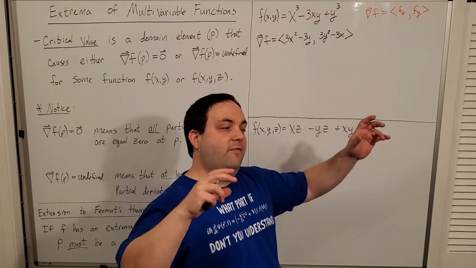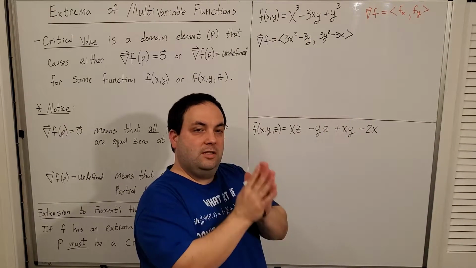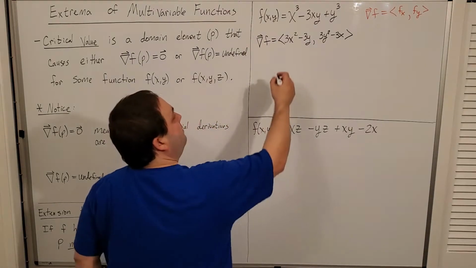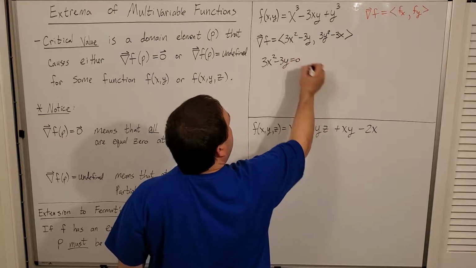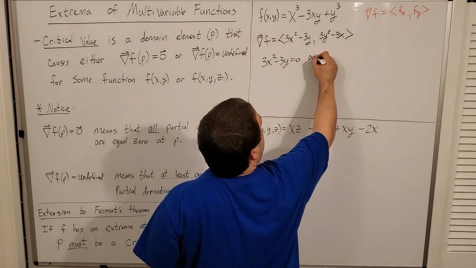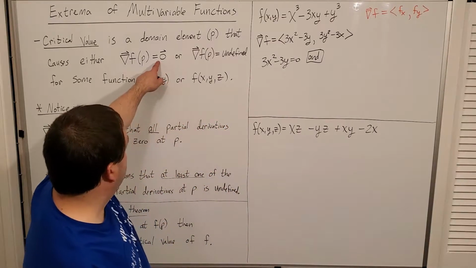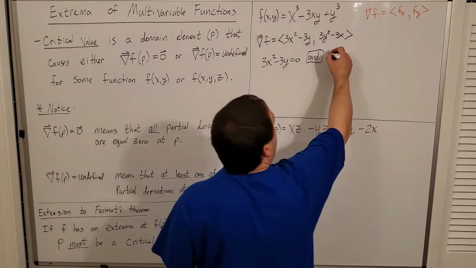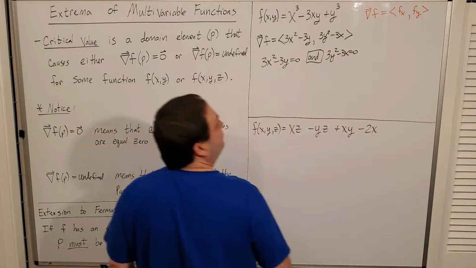It means that I have to go back through both equations and find all of the solutions that work for both. So this is what I mean. I have 3x squared minus 3y equals 0. And since I'm doing the equals 0 kind, it's going to be an and. And 3y squared minus 3x equals 0.